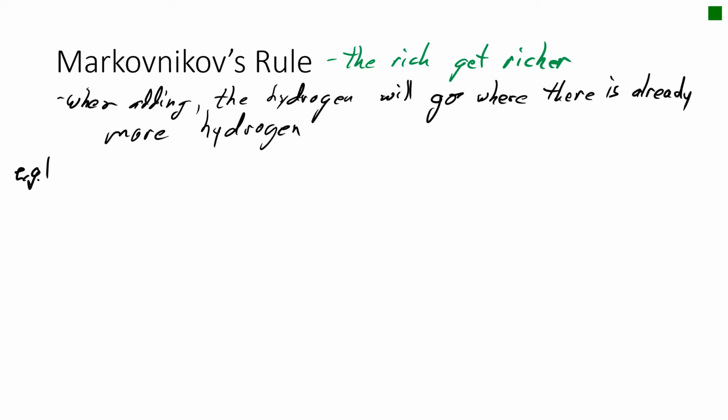My example for this, I'm going to take that propene again. So CH3, CH, double bond, CH2. This time around, I'm going to add an HCl. For those of you wanting to keep track of the name off to the right-hand side, this one is called a hydrohalogenation.